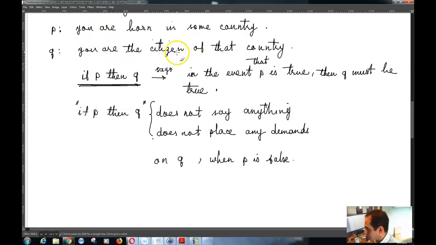Maybe logically or based on common sense, it doesn't make any sense, but based on the definition of if P then Q, it just works like that.